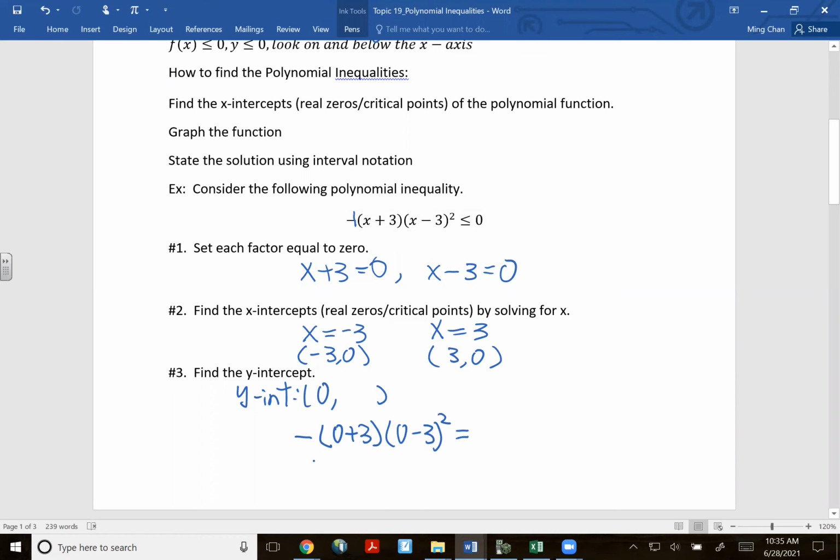So negative 1 times 0 plus 3, which is 3, times 0 minus 3, which is -3, whole thing squared. -3 squared is positive 9. So -1 times 3 times 9 is -27. So I have a y-intercept at 0, -27.